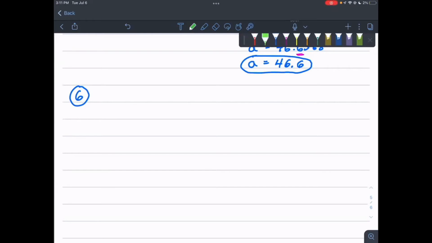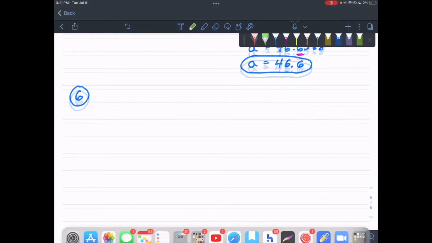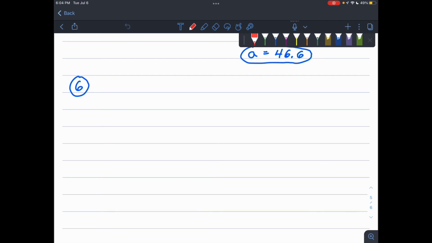Okay, so number 6. The altitude from the vertex of an isosceles triangle cuts into 2 equal segments.